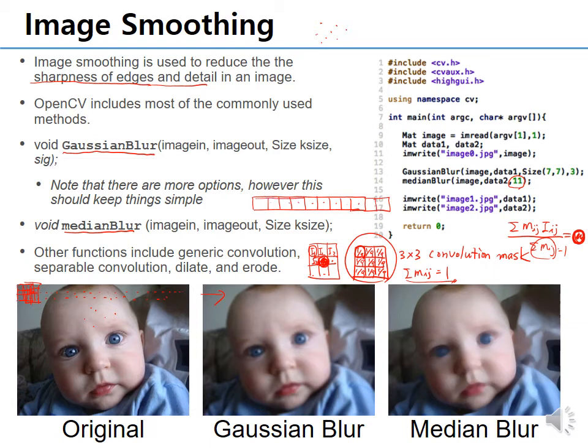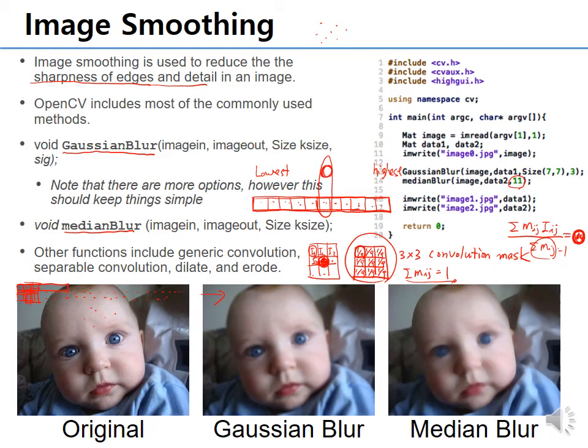This is a window, a mask. It is applied to the original image, they read each intensity value and sort the intensity values from the lowest to the highest, then they take the center value to here.